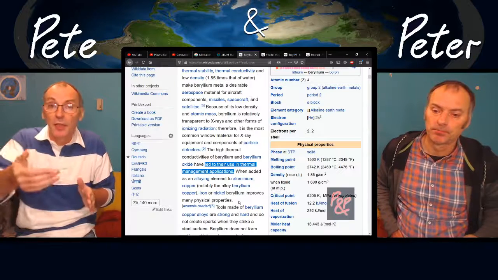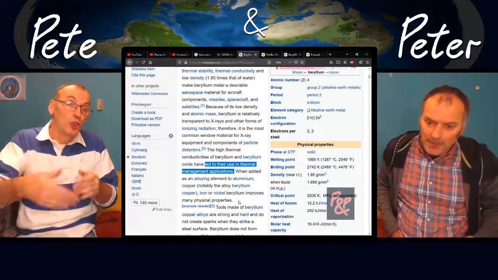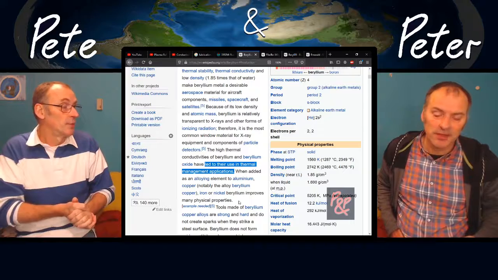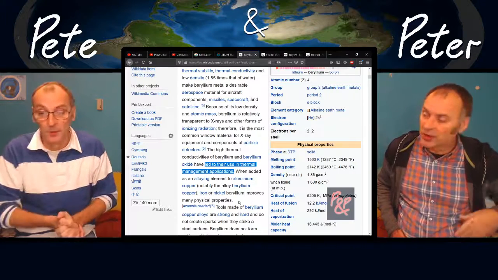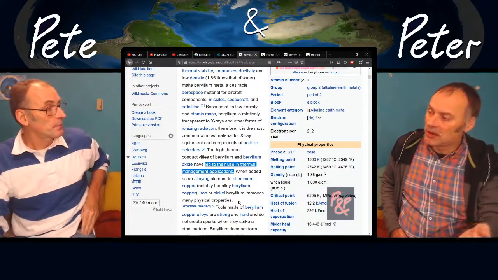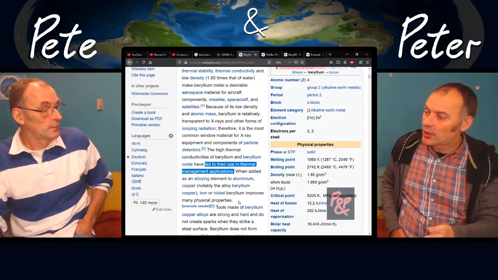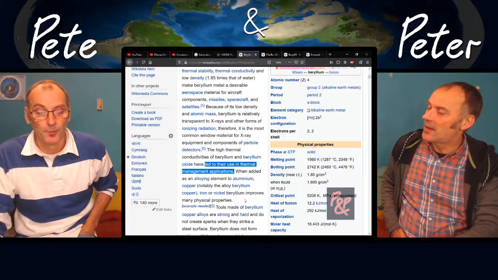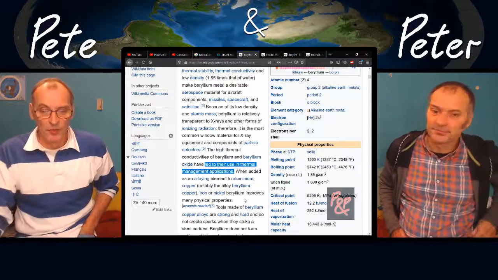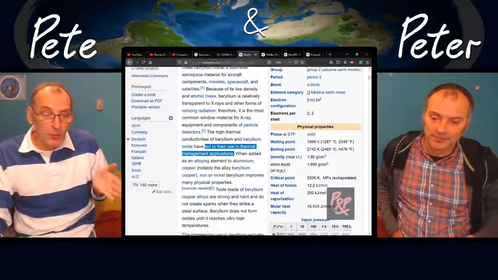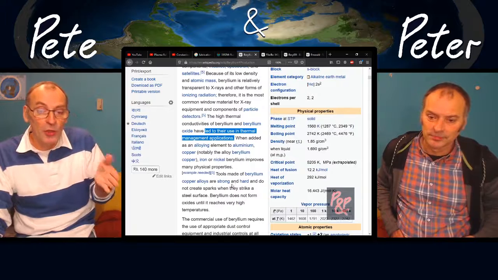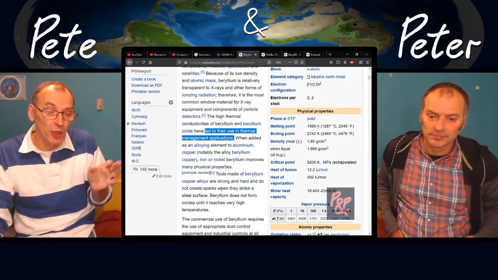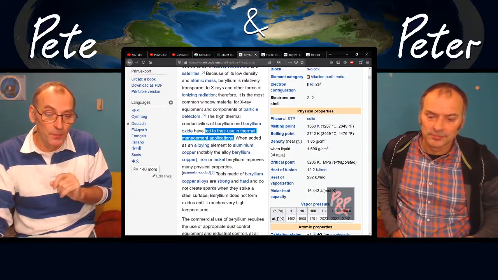It can make iron or steel stronger, for example. So you could nickname beryllium the oxygen metal. Tools made of beryllium copper alloys are strong and hard and do not create sparks when they strike a steel surface.